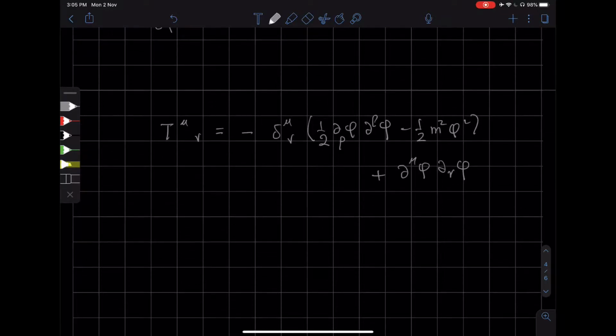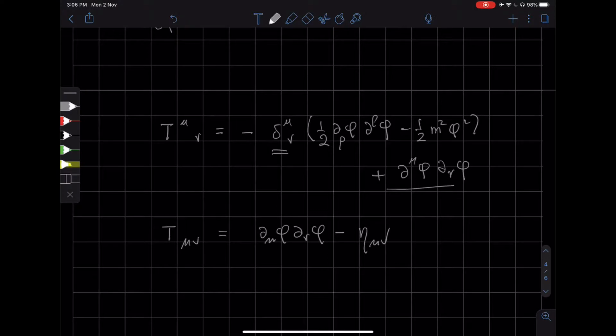So we can now lower the mu index, then we have a rank 2 tensor, and we can write this term first. So we're going to get del mu downstairs phi, del nu downstairs phi, and then we're going to have minus eta mu nu, because when you lower the index of a delta, that's what you get.